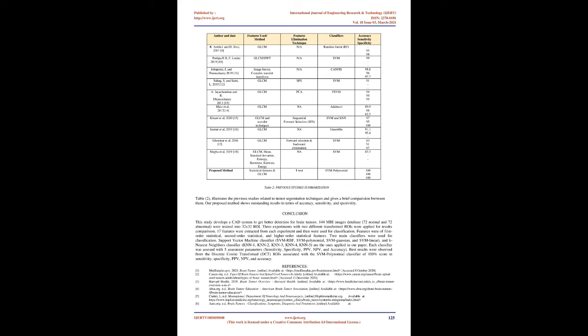MATLAB software was used in this approach. Each trial was assessed with 5 performance assessment metrics: sensitivity, specificity, positive predictive value, PPV, negative predictive value, NPV, and accuracy. The following graph, figure 4, indicates that the SVM did not perform well with either original untransformed ROIs or with the radon transformed ROIs.